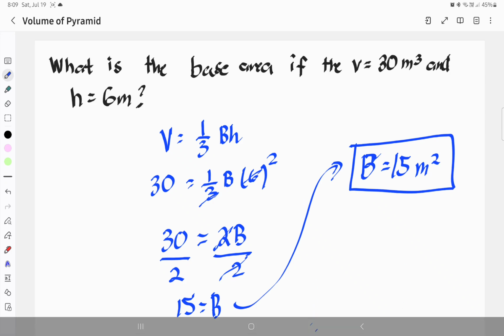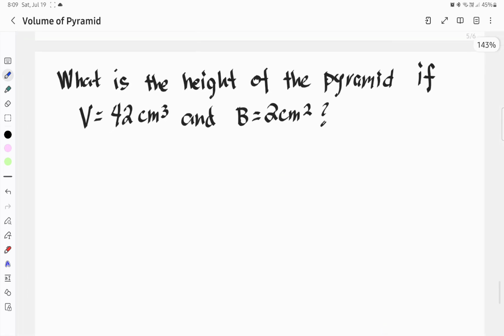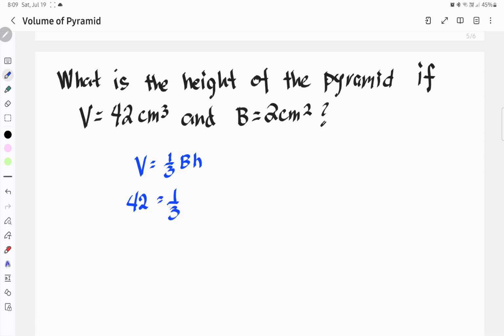Another problem that we have here is, how about if we're talking about the height? Again, working with the volume is equal to 1/3 times base times height. Substituting the values that we know, which is 42, is equal to 1/3, and then the base is 2, and then the height is the unknown.